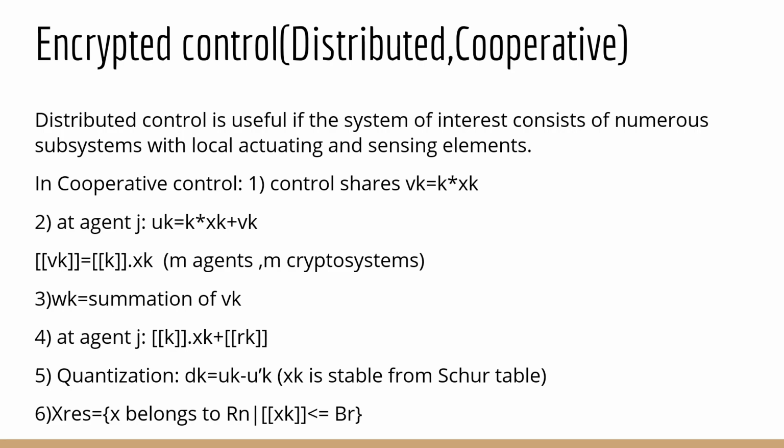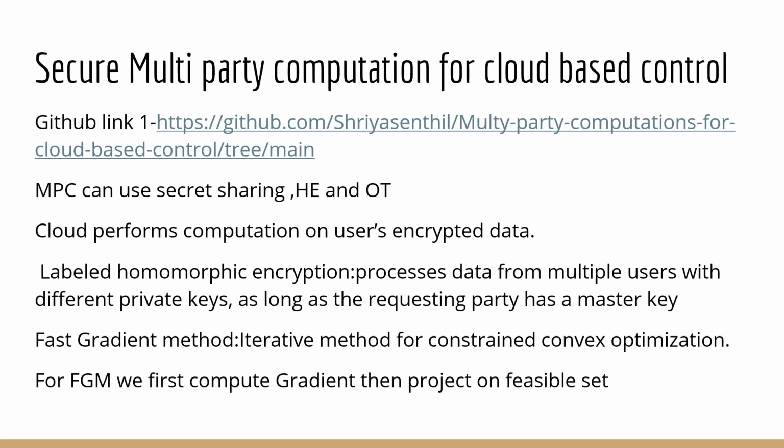What cooperative control does is, instead of providing the control input, it provides the aggregate share to agent i so that it doesn't guess the share or the input which was originally given. We now come to secure multi-party computation for cloud-based control.